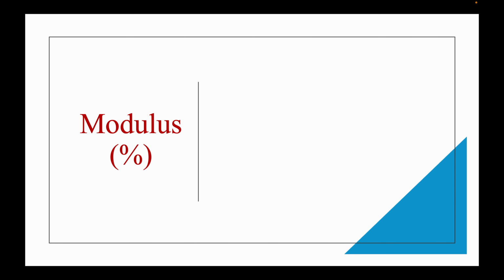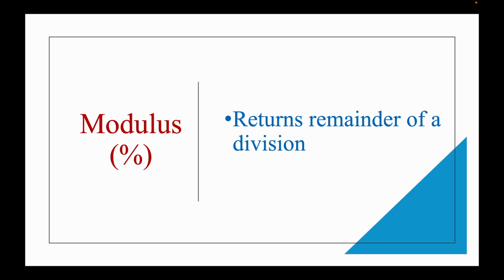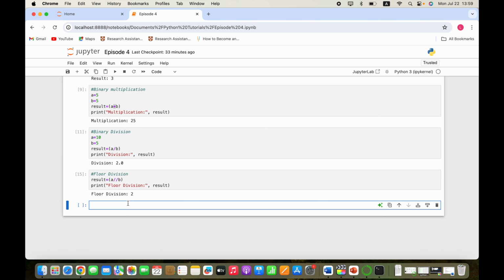Next is the modulus operator. It performs division but it returns the remainder as a result. Let's write code as modulus operation.